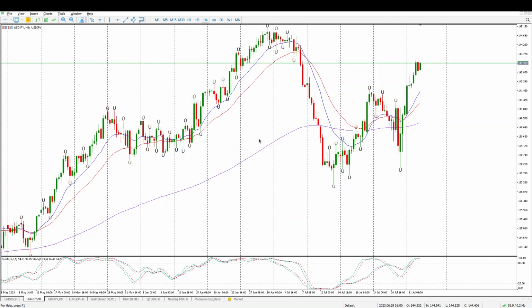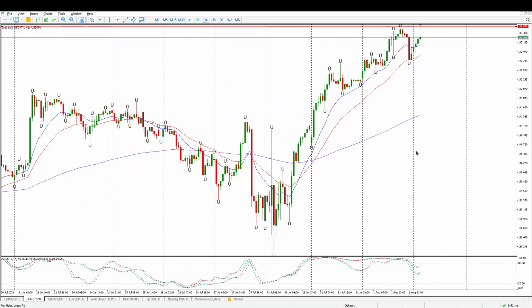Moving on to US dollar Japanese yen, and big up, big down at the top of the move yesterday. Oscillators all grouped to the upside. Don't really trust that. We may have a little bit of a squirt higher just to come and retest this area here. I don't trust that, and I also don't trust a move to the downside, because we have a fairly strong uptrend.